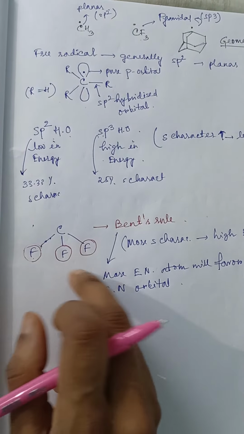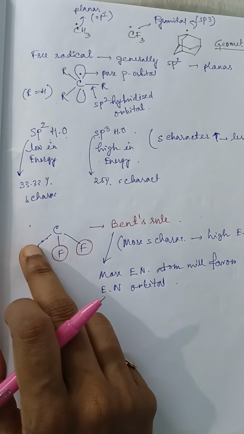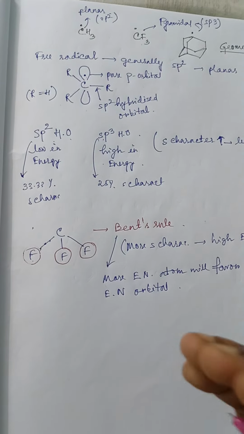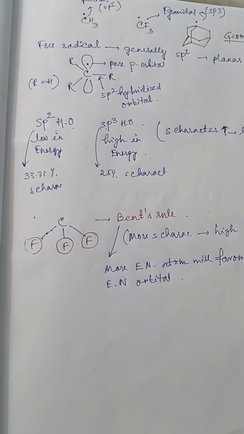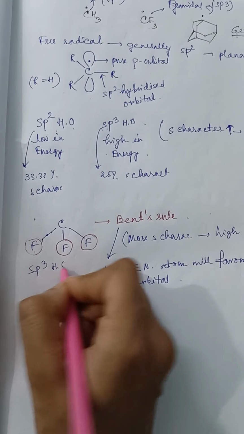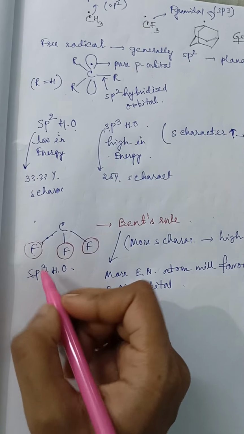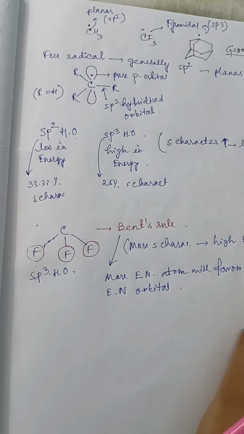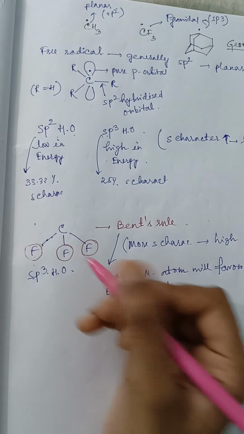That's why when an electronegative atom is attached to carbon, it tries to be in a less electronegative orbital. That's why it prefers the sp3 hybrid orbital. In sp3 there will be four orbitals: one s and three p hybridize and form four sp3 orbitals, right?